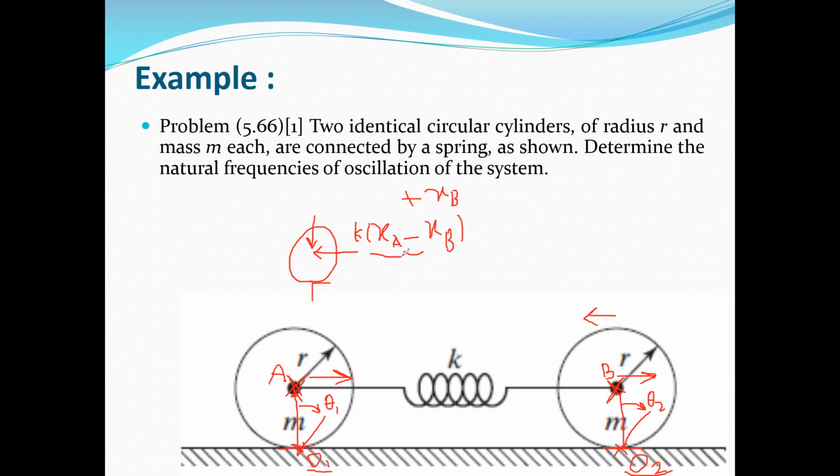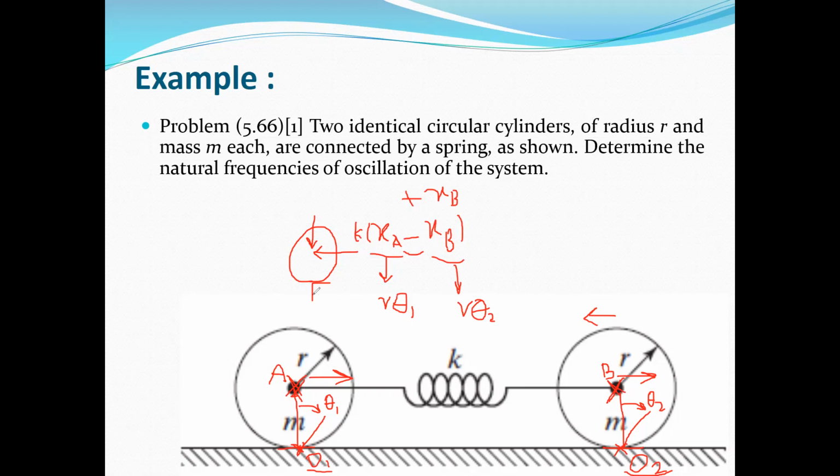And we know that XA and XB, because both cylinders are rotating about point O1 and O2, can be easily substituted by R times theta 1, and R times theta 2. Because theta 1 and theta 2 are small, we extract the equation of motion for a small deflection in this course, because we want to extract the linear equation.